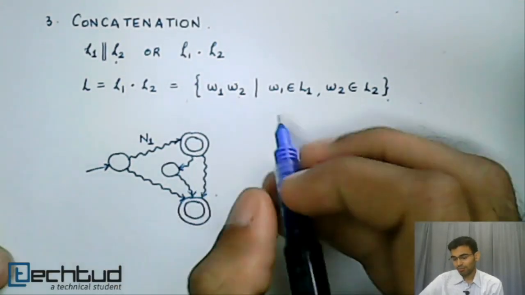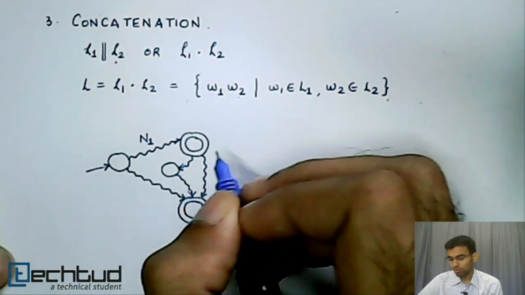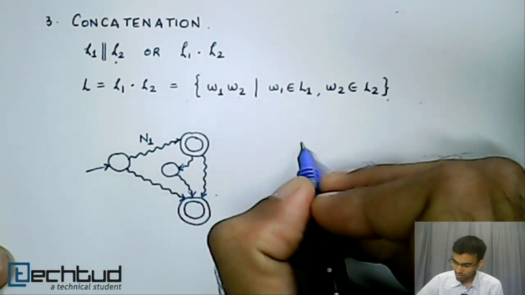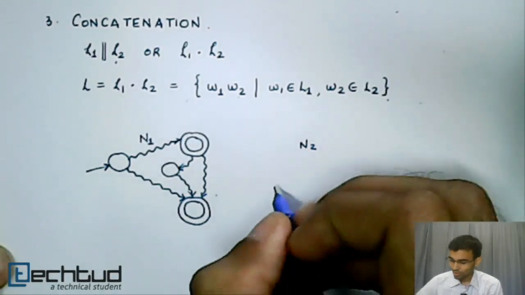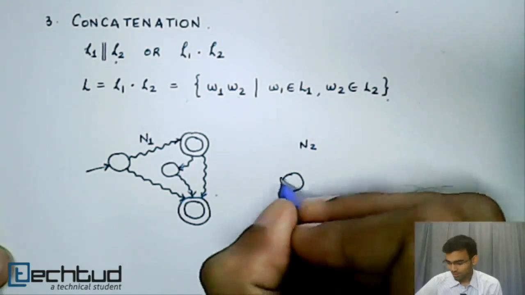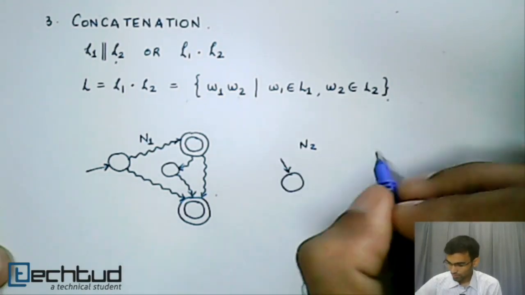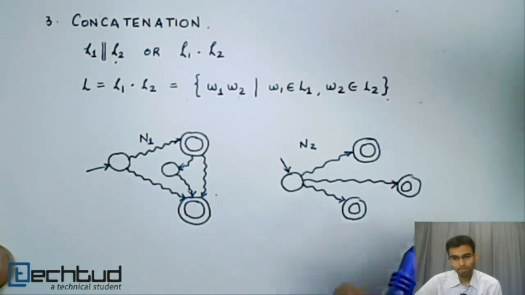So we have to have a seamless way of moving to the NFA N2 of L2. So the NFA N2 of L2 also has a start state and possibly a set of final states, right?